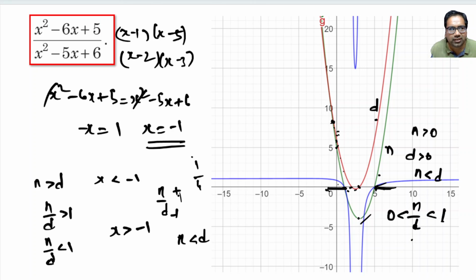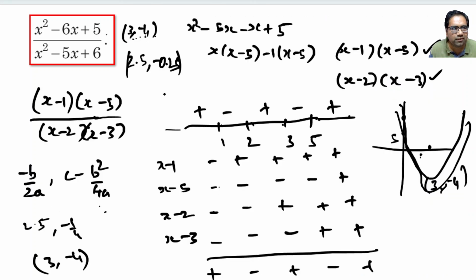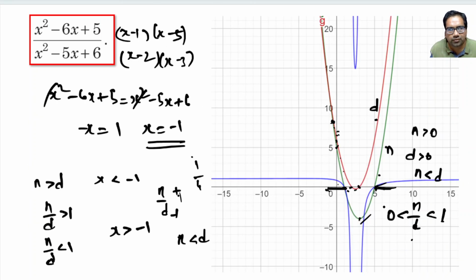The vertex of this graph is 3 and minus 4, and the other one is 2.5 and minus 0.25. And the y-intercept is 5 and 6.